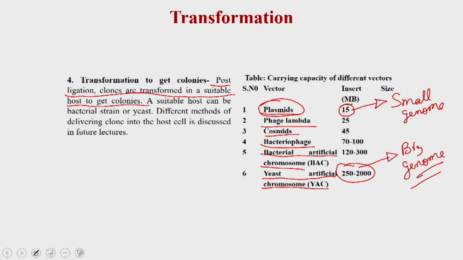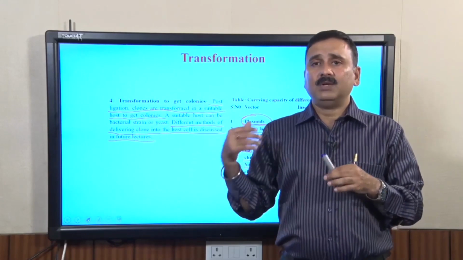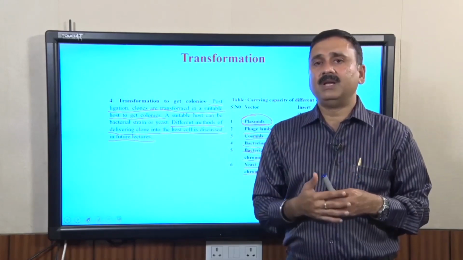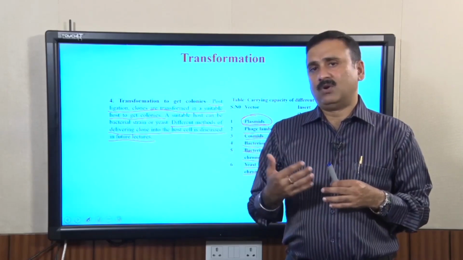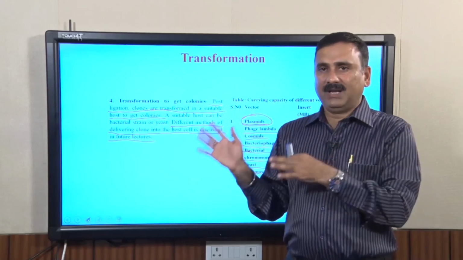A suitable host can be either a bacterial strain or yeast. We are anyway going to discuss the different methods of delivering clones into the host cell in our subsequent lecture. And so, by following these 4 or 5 steps, you would be able to generate the genomic library. Subsequent to this, you have to screen the genomic library to get your gene of interest. That we are going to discuss in the subsequent lecture.